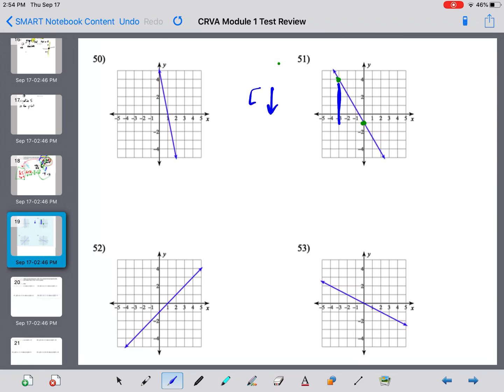So I'm going down 5. That's a negative when we're going down and to the right. It's not the story that makes it negative. When you go down and to the right, that's a negative slope. If you go up and to the right, it's a positive slope. So this is my rise. Actually going down negative 5 as I go to the right 3. So the slope is negative 5 over 3.